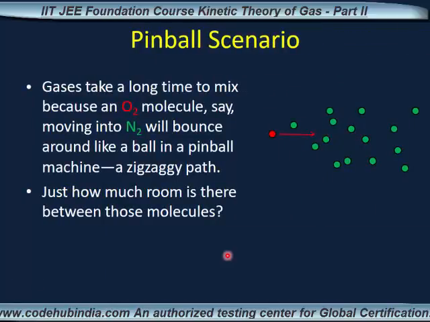Take the ping pong ball scenario, you might have seen the game. The gases take a long time to mix, with oxygen molecules moving into nitrogen, bouncing like a ping pong ball. How much do they bounce?